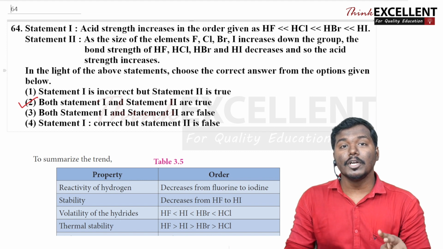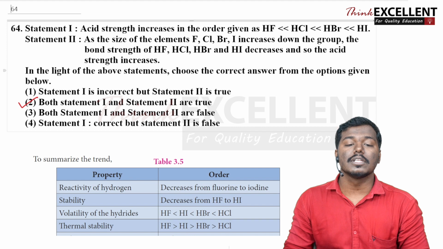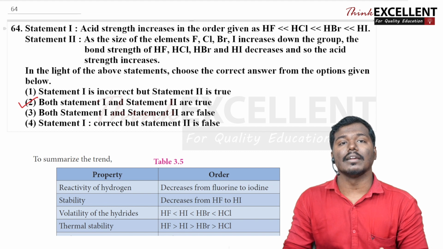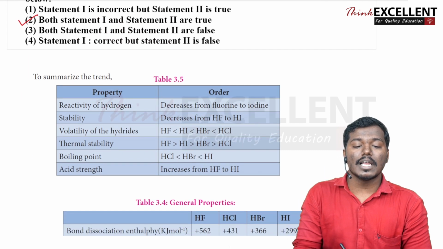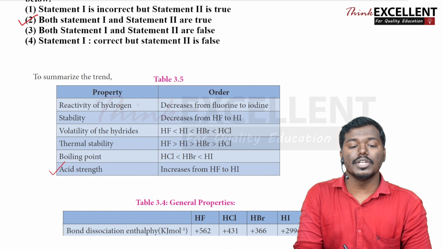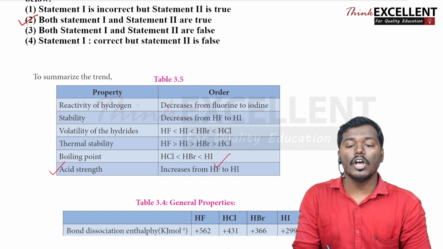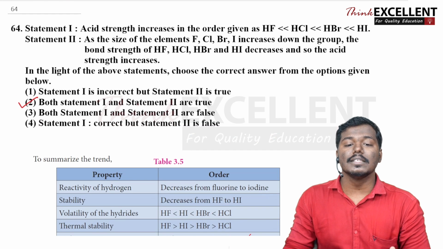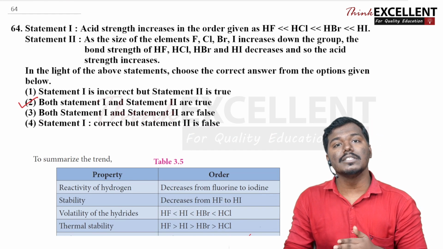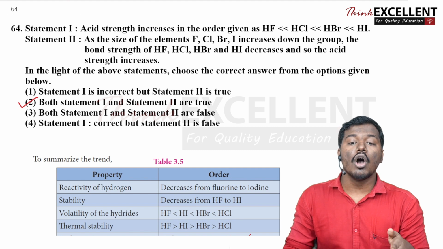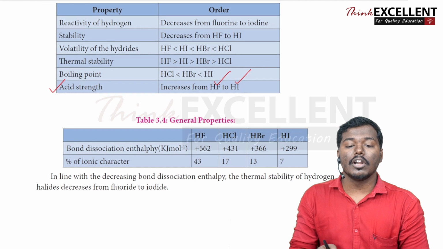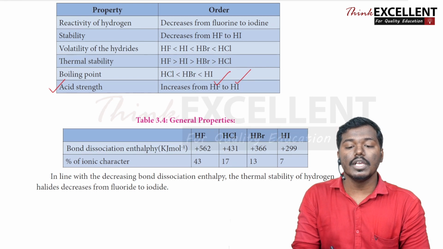We have studied the explanation of both statements in P block elements. So first statement, you can see that the acid strength is increasing in this order from F to I, right? We have studied in this tabular column which is given in the book, acid strength increases from HF to HI. So statement 1 is correct. Statement 2, look, it is given that when the size of the elements increases down the group, bond strength decreases. Here we have also studied about the bond dissociation enthalpy.